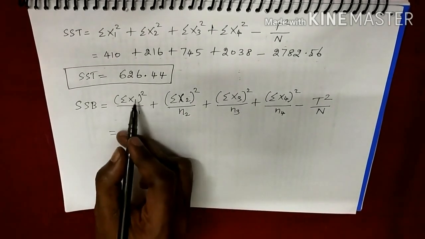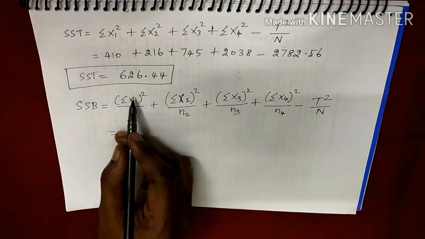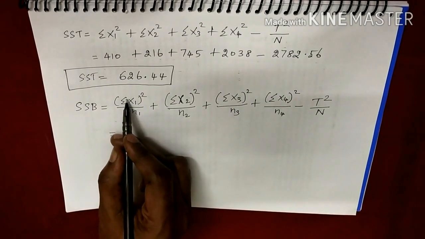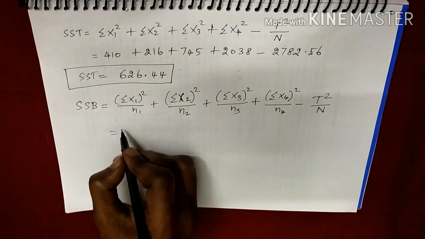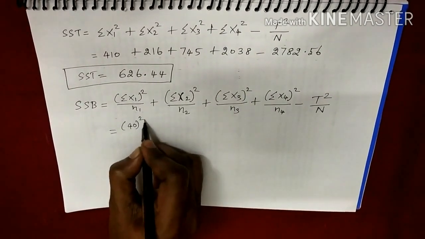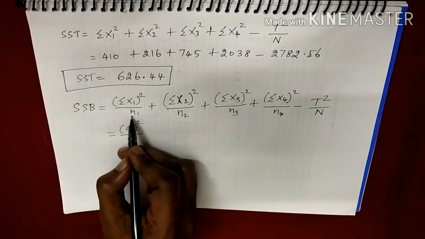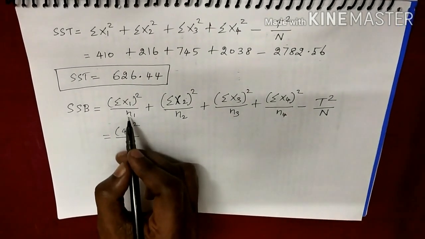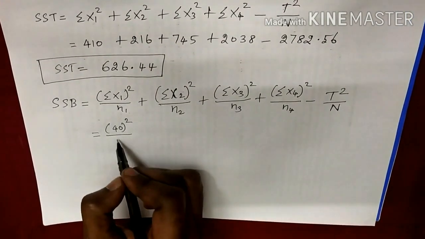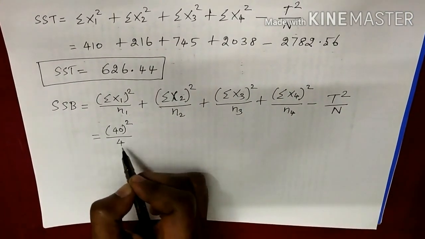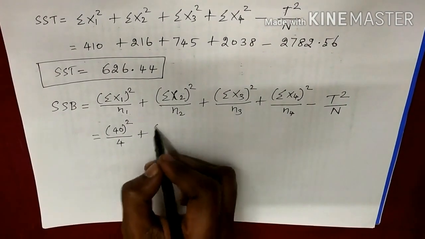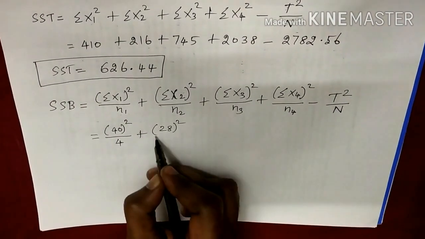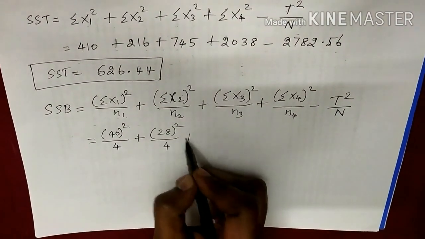Now this is not the squared values. Take the summation of x1 and square it. That is nothing but 40 whole square by n1, the number of samples in the first column. There are 4 samples. Here 28 whole square by n2, again 4.